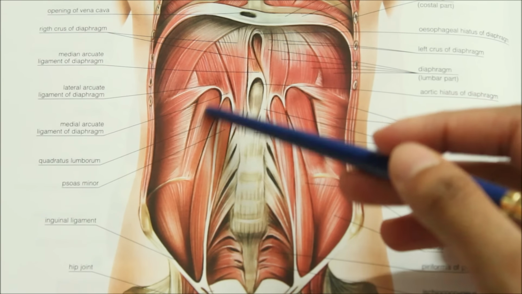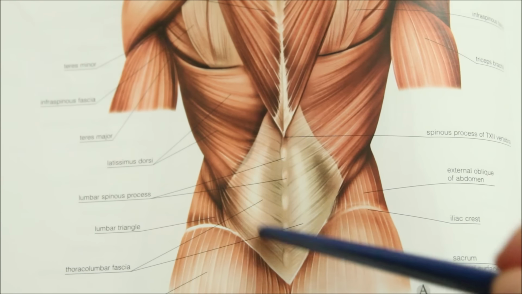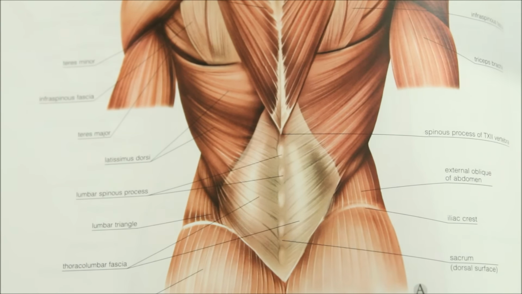This is the quadratus lumborum muscle. This is the thoracolumbar fascia.